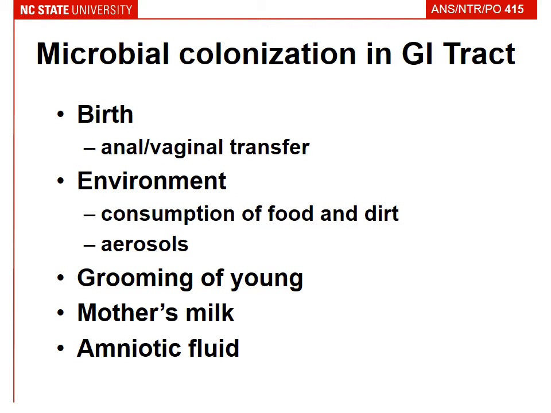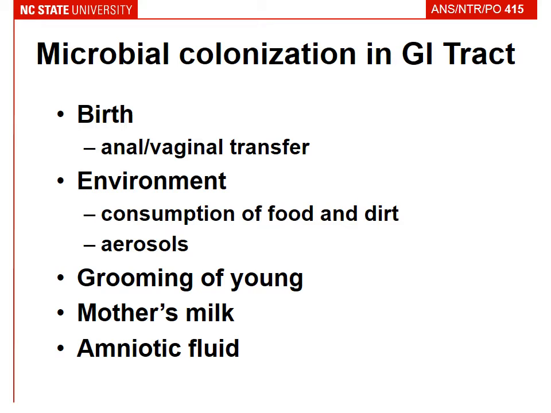So the first question is, how do these microbes get within the GI tract? A significant amount of them are first colonized when the animal is born or hatched. There is a significant amount of microbes within the vaginal canal.